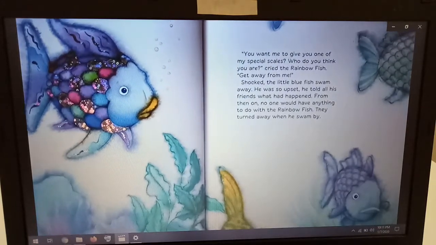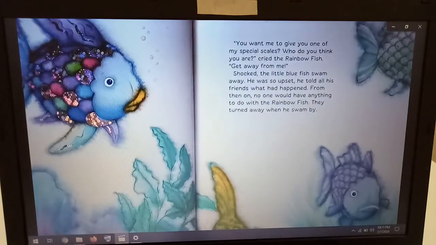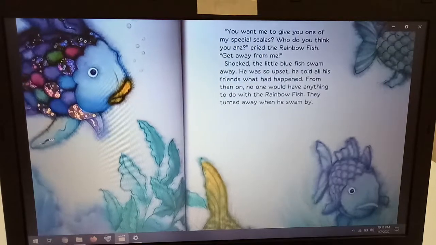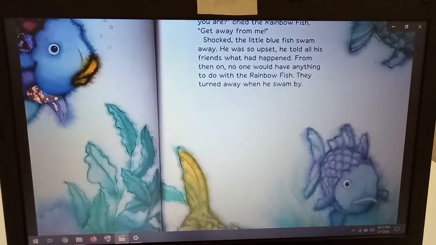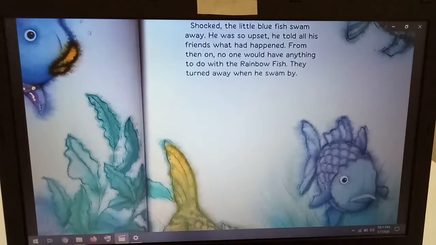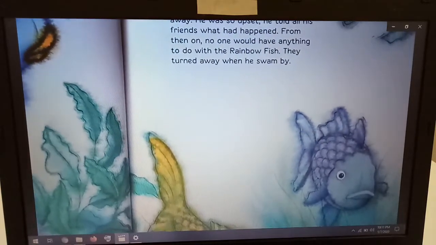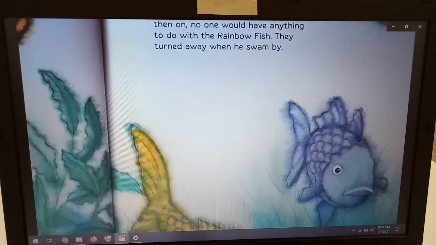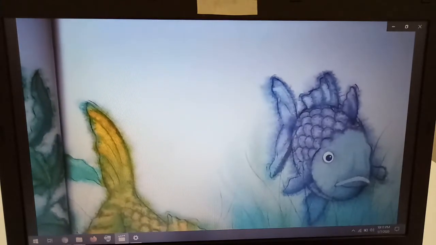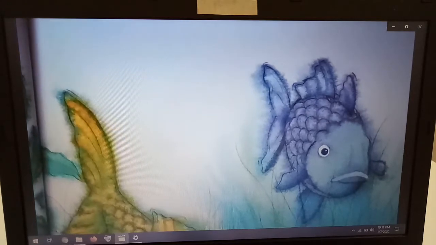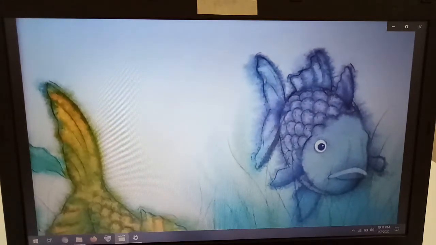Who do you think you are?" cried the Rainbow Fish. "Get away from me." Shocked, the little blue fish swam away. He was so upset, he told all his friends what had happened. From then on, no one would have anything to do with the Rainbow Fish. They turned away when he swam by.